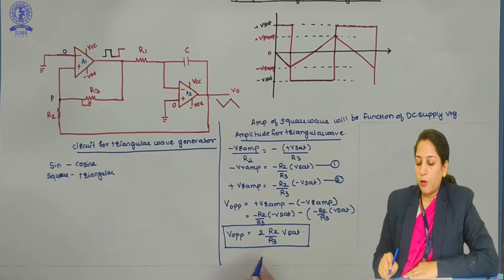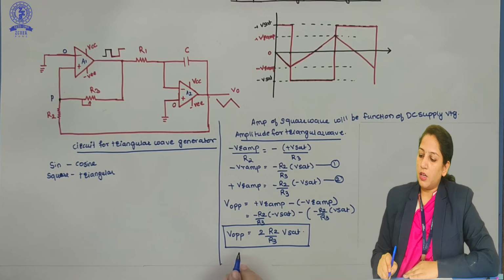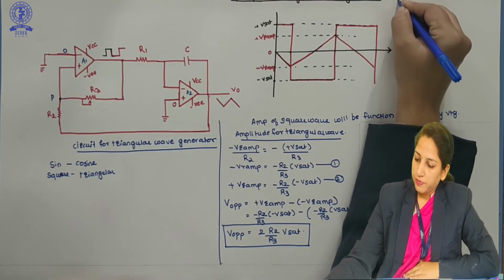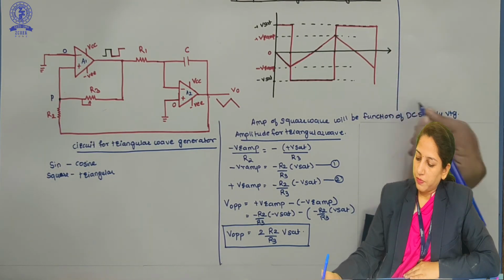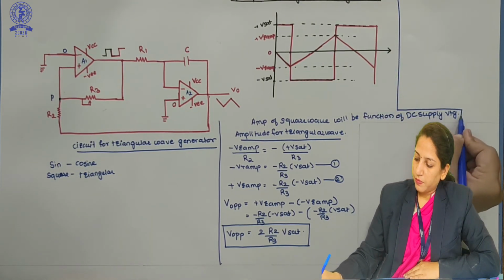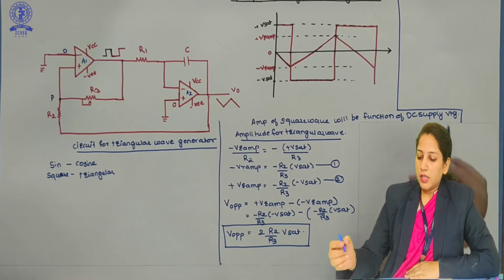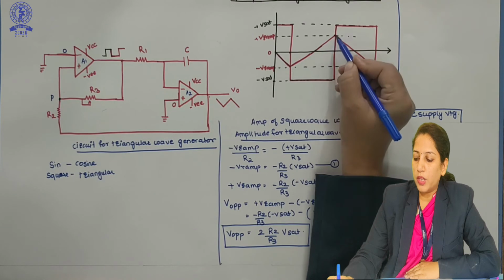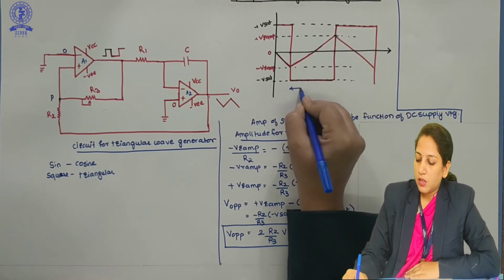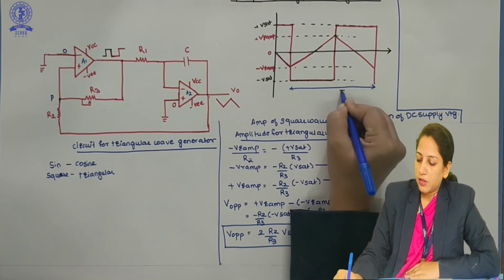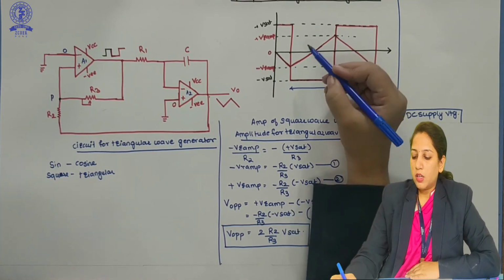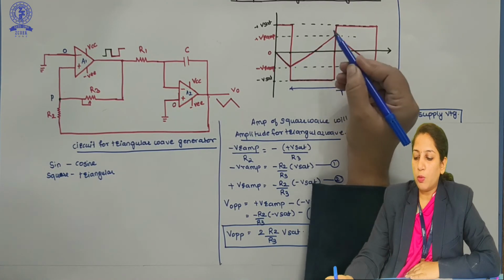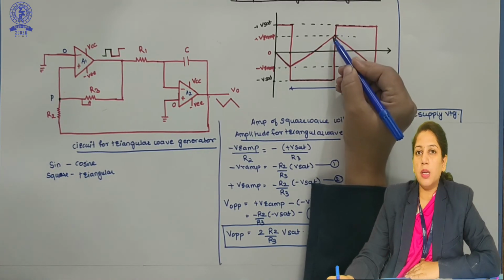Now we will see the formula for frequency. Before going to frequency, first I will derive the time. See, my ramp signal goes from minus V ramp to plus V ramp. Suppose this is a total time period T. In order to swing my triangular wave signal from minus V ramp to plus V ramp, the time taken is T by 2.